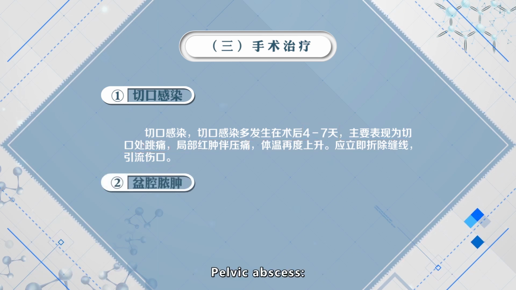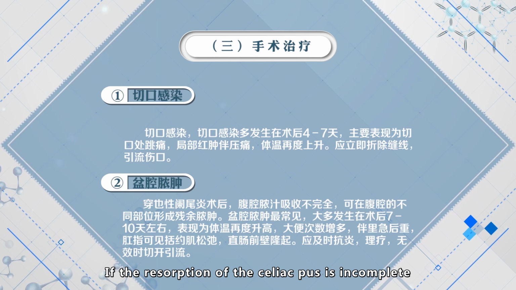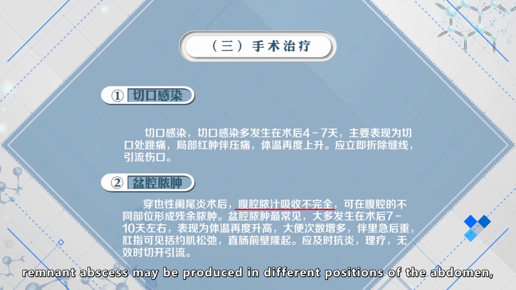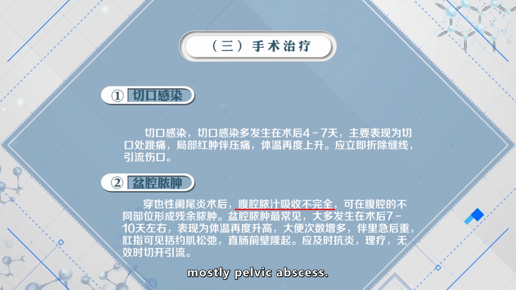Pelvic abscess occurs if the resorption of the celiac pus is incomplete after the appendicectomy. For perforating appendicitis, remnant abscess may be placed in different positions of the abdomen, mostly pelvic abscess.